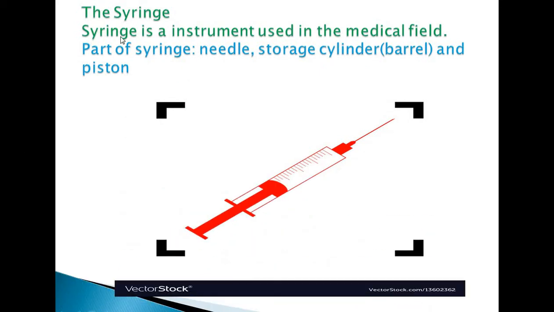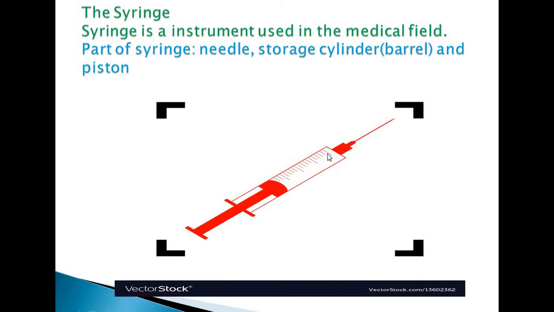Syringe is an instrument used in the medical field, and it is based on atmospheric pressure. It works by a continuous pulling and pushing action of the piston. It consists of a needle, storage cylinder and piston.